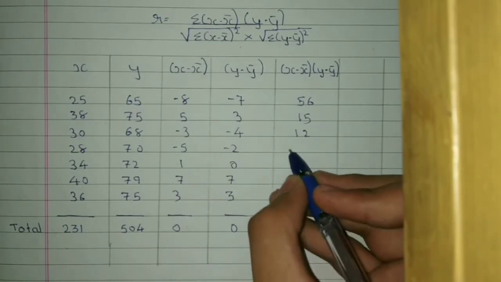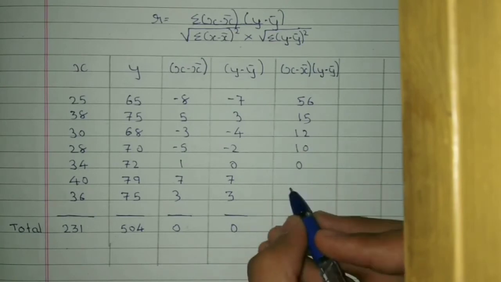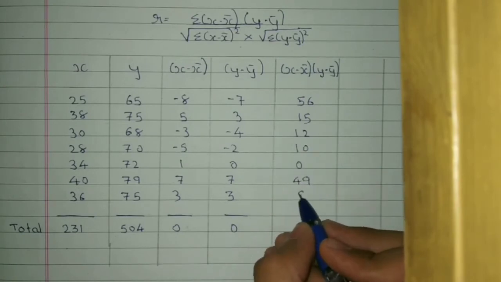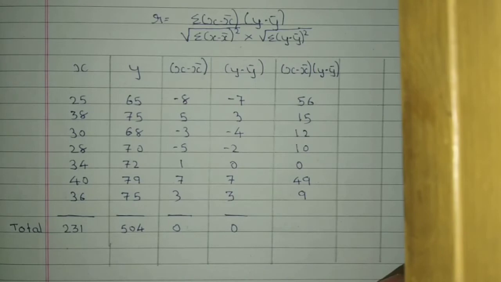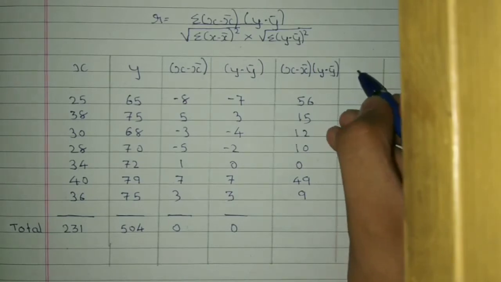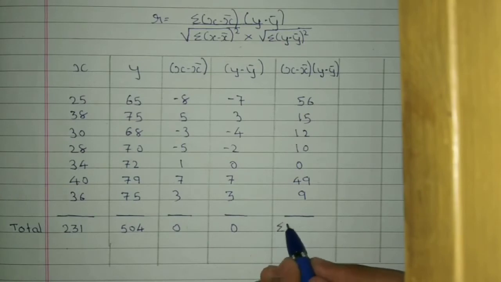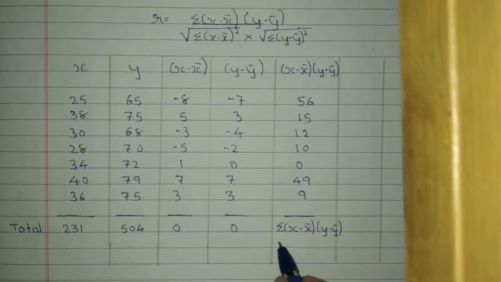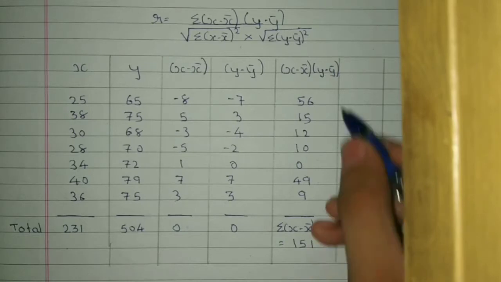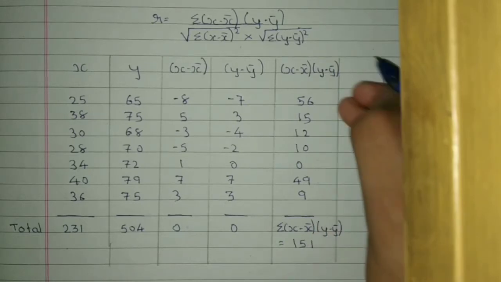Minus 5 into minus 2, 10. 0, 49 and 9. Sigma (x minus x bar) into (y minus y bar) is equal to 151. The total of this is 151.